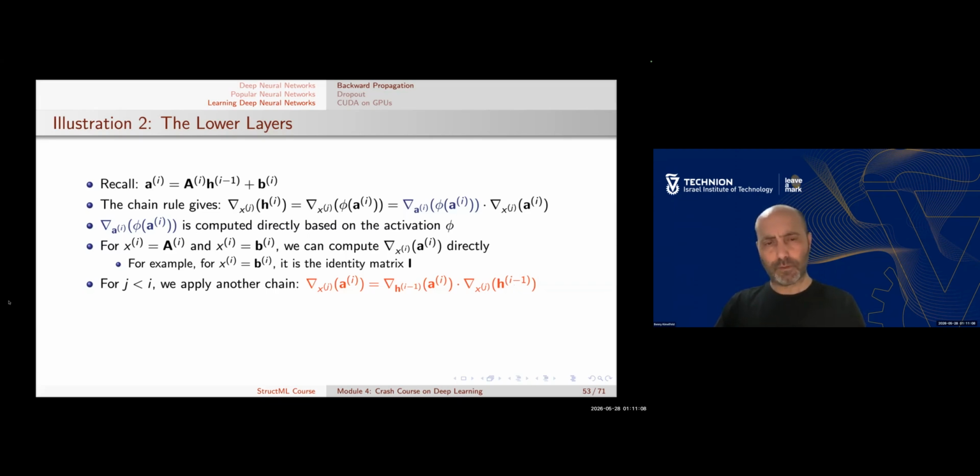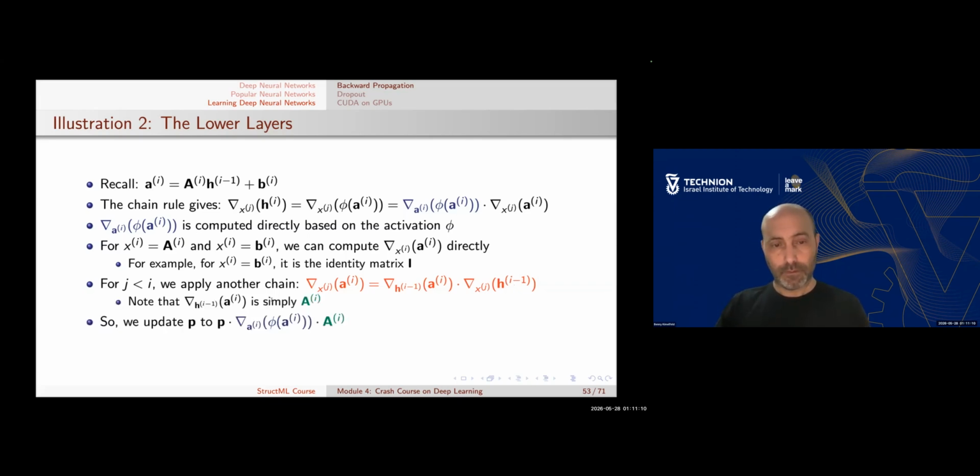I just applied the chain rule again. Now, do realize that the derivative of h i minus 1 in this a i is simply this matrix, big A of i. So what do we get at the end of the day? We had this part of the product that we multiplied by this one, which turns out to be this part, which is simply A i, times this part that we need to compute.